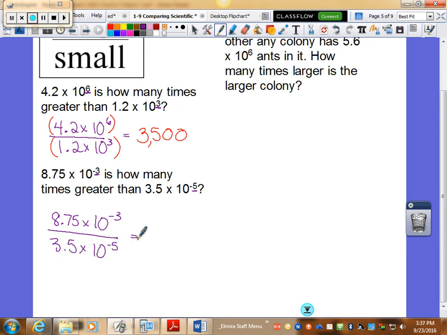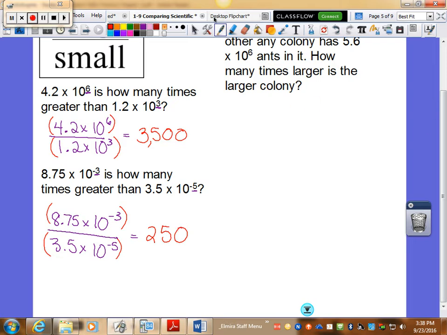So we punch that into our calculator. Don't forget to put parentheses around your numerator and your denominator, and you get 250.